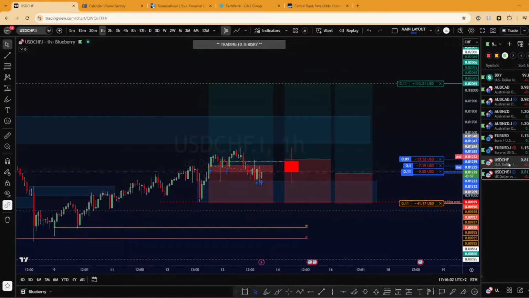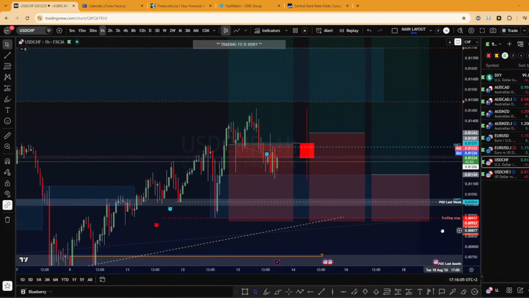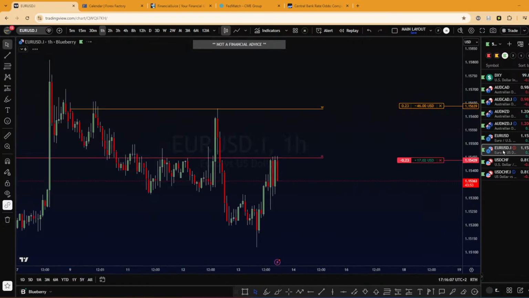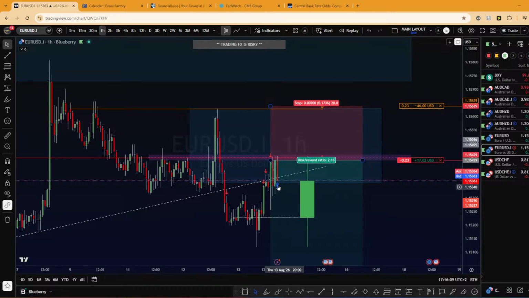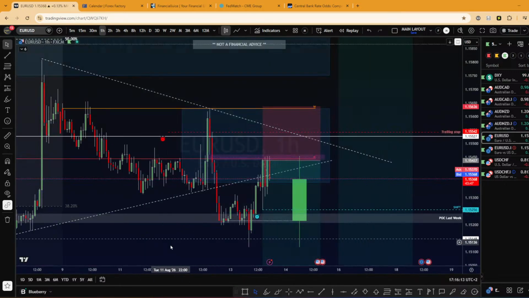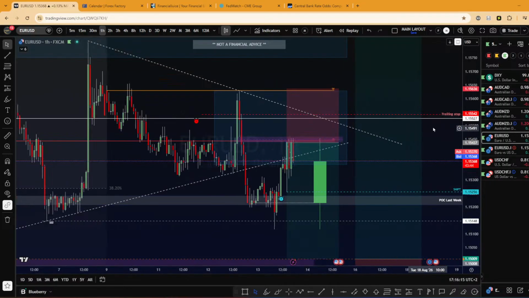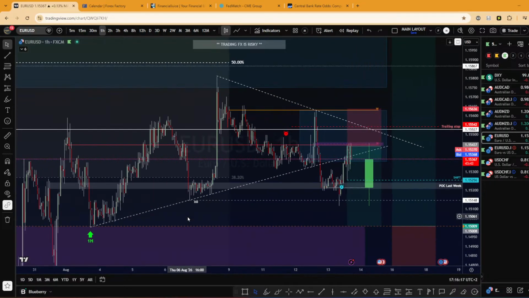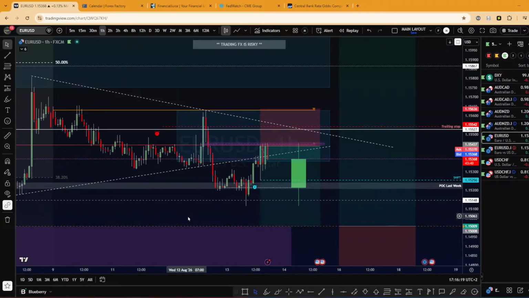Yeah, I prefer to focus more on USDCHF than Euro USD. Euro USD, yes, you see, this thing starts to drop. But I prefer to reduce my risk because Euro is very tricky.